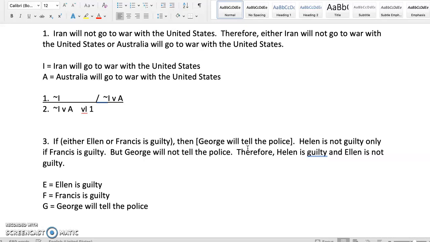So given those abbreviations, we can abbreviate our first sentence as follows. If, so it's an if-then, so it's a conditional. But notice our antecedent here is an either-or sentence. So that means our antecedent is going to be a disjunction, either Ellen or Francis. Okay? So that all comes after the if, before the then, so that's the whole antecedent. Consequent is an atomic sentence. George will tell the police, just plain old G.